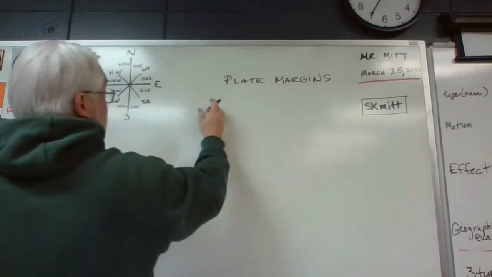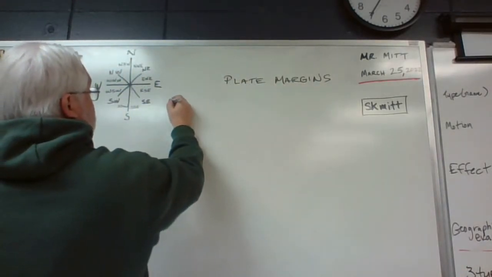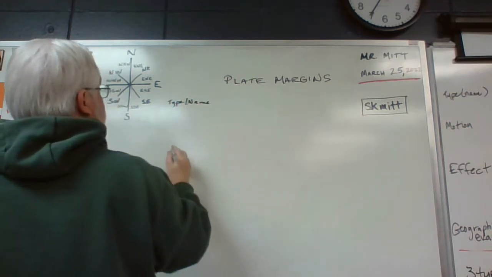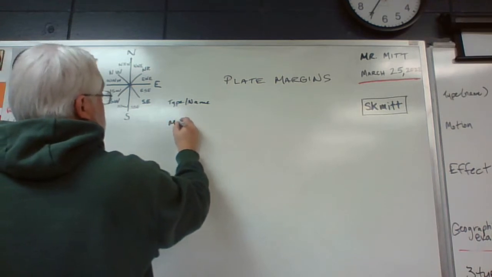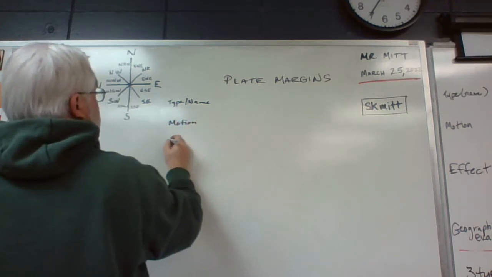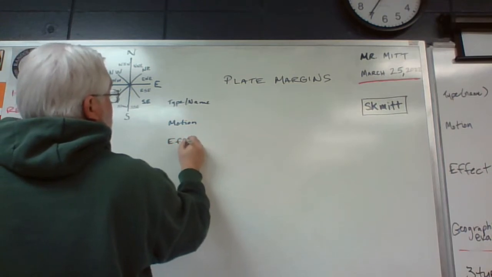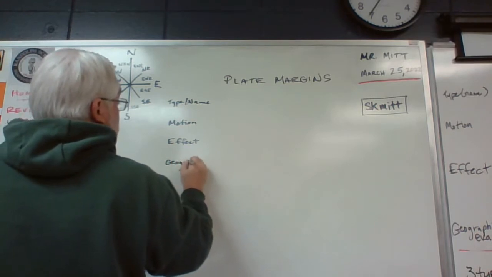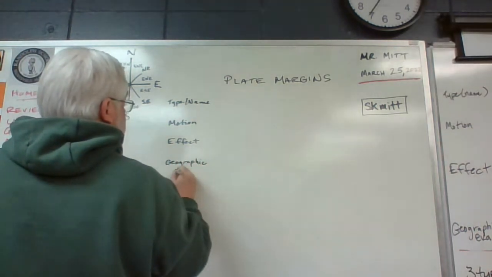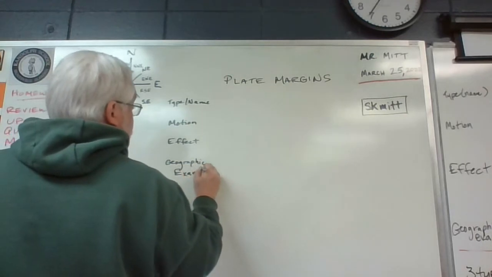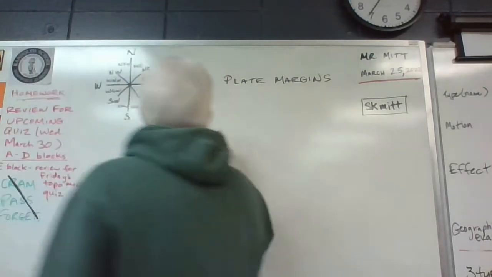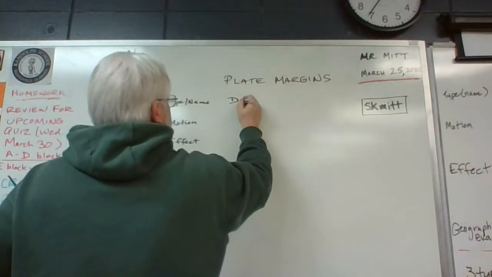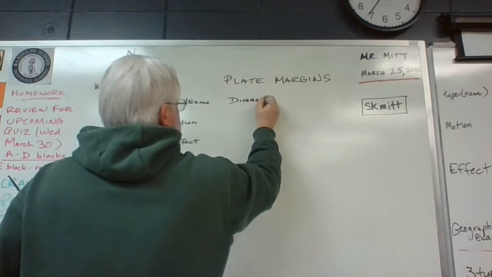For the three types of plate margins, we talk about the type or the name, we also talk about their motion, we talk about the effect of that motion, and then we want a geographic example of each of these types of plate margins. So the first one that we'll mention here is what we call the divergent plate margin.